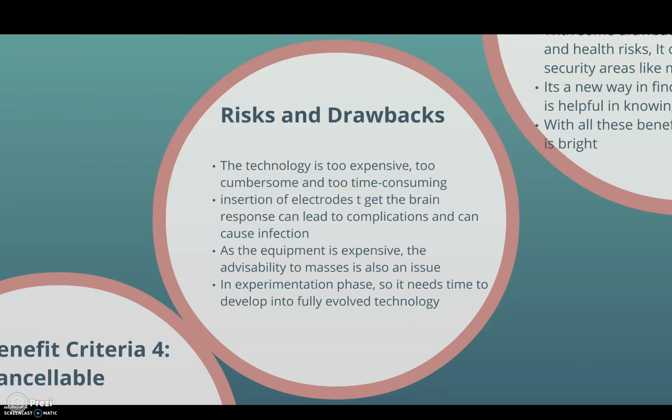Anyway, as I mentioned, the equipment used is quite expensive. It is not accessible to common people, which is another issue for now. So these are the drawbacks in its present phase. It's not fully developed, so it will take time to overtake other methods.